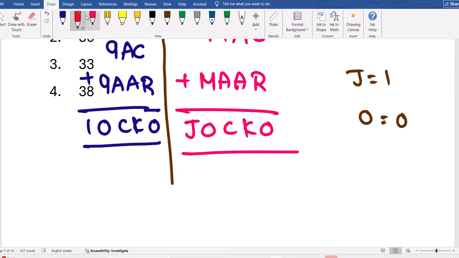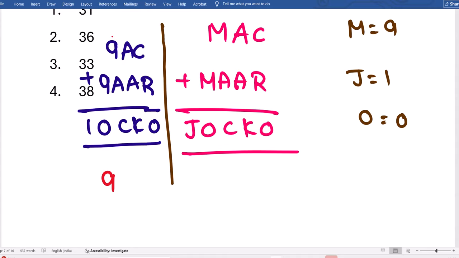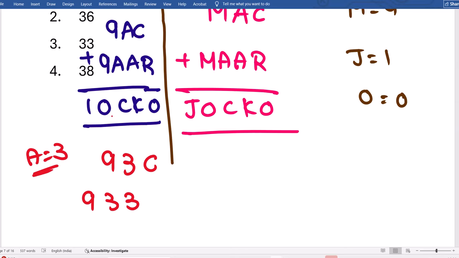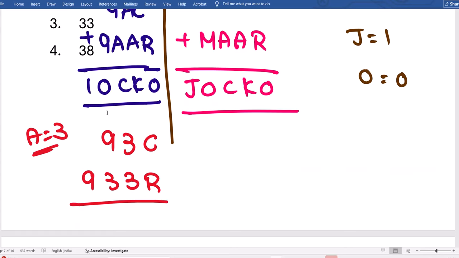If people did trial and error and you said A value 3, they tried A value 3. Then, if that is the case, 3 plus 3 is 6.